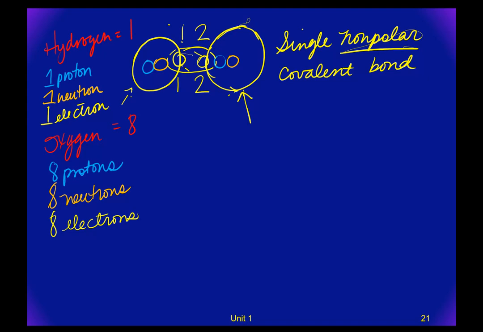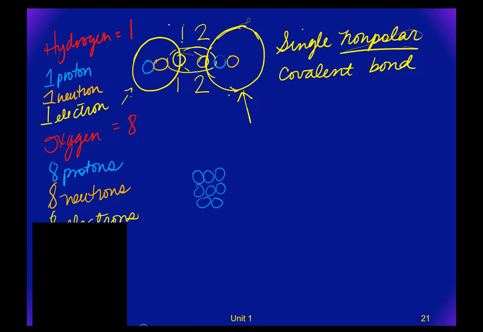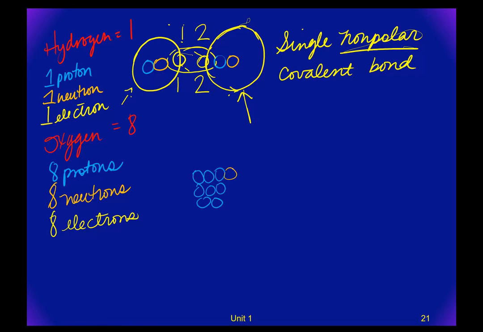Again, perfect world, right? So let's draw that. 1, 2, 3, 4, 5, 6, 7, 8 protons. 1, 2, 3, 4, 5, 6, 7, 8 neutrons.